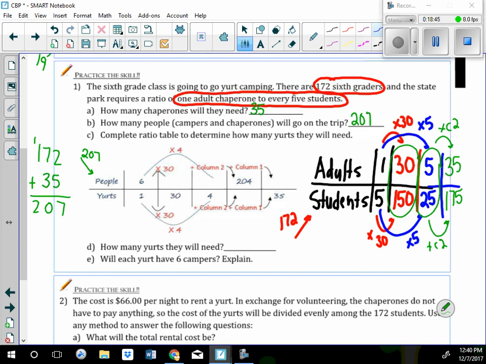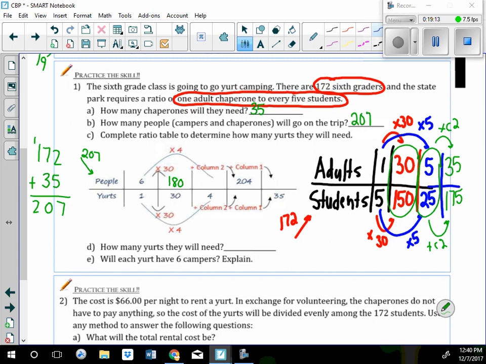So 6 times 30 is 180. So for 30 yurts, we have 180 people. Okay. And this is close to our 207. It is 27 away. So I'm going to multiply. If I multiply this 6 times 4, I can get pretty close.